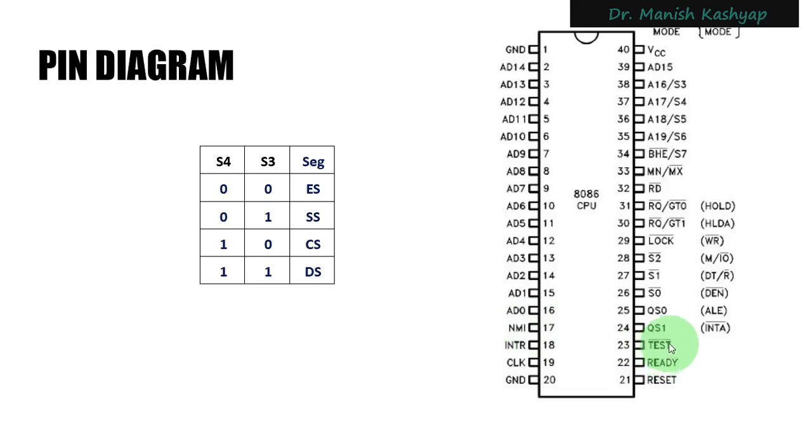Now let's discuss the TEST signal. This signal is used when we are using multiple processors in the system. If you are using an 8087 math co-processor with this processor, then the TEST signal is examined by the WAIT instruction.